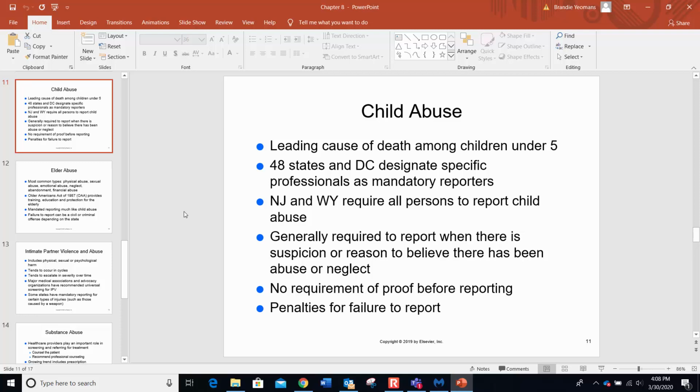Different states have different laws in how to report that child abuse, but again, we must be responsible for reporting. So if you look at the mandatory reporters by state, it is a little bit more specific, but most of the time it's going to be social workers, teachers, principals, and other school personnel, physicians, nurses, and other healthcare professionals, counselors, therapists, and other mental health professionals, child care providers, medical examiners or coroners, and then law enforcement officers.